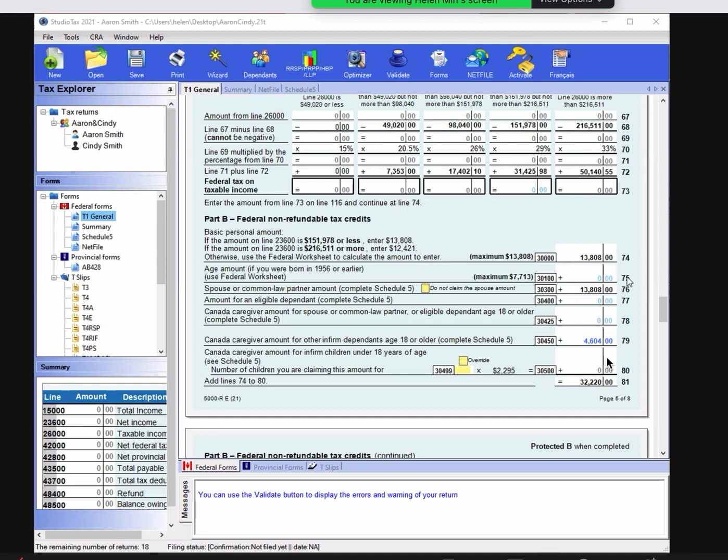Line 79 is the Canada caregiver amount for other infirm dependents, age 18 and over. So this one is if you have other dependents, they must be infirm. If they're not infirm, you cannot claim.